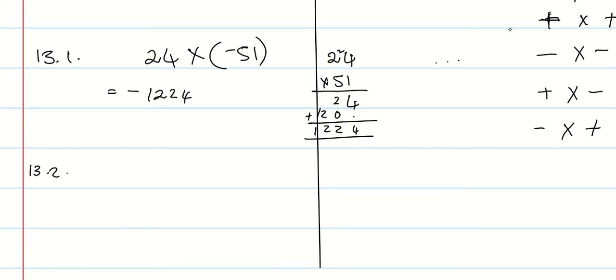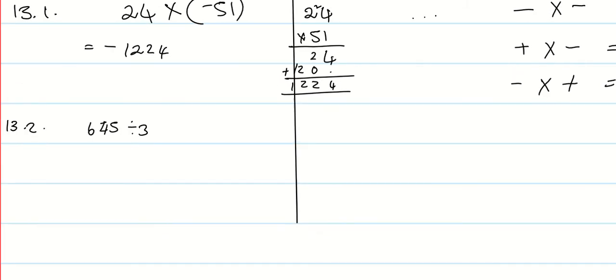Good. Now the next calculation is 13.2, and our problem there is 645 divided by 3. You can do long division if you want to. If you don't want to, that's fine, however I want to see the calculation. I write the 3 in front and say 645 divided by 3.